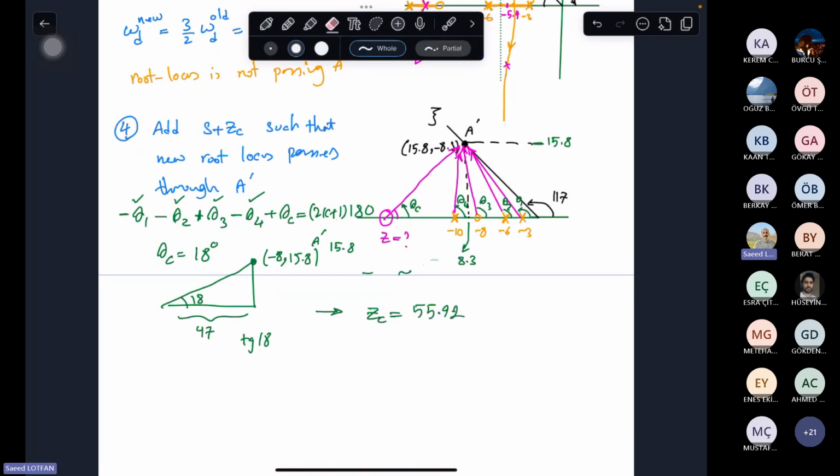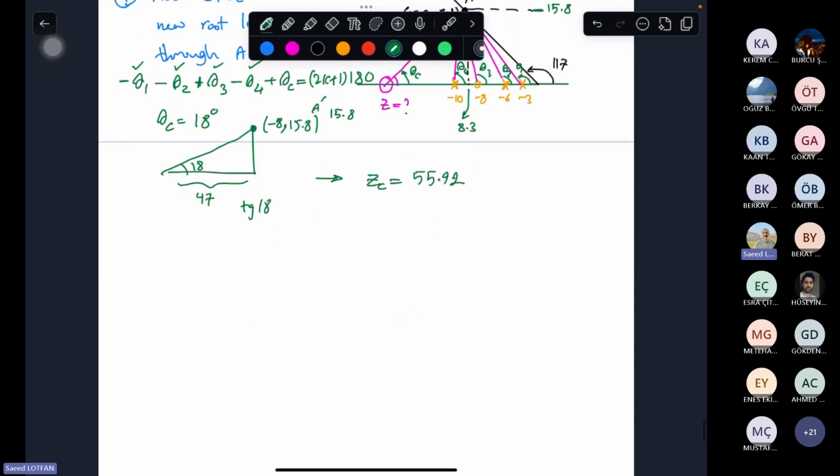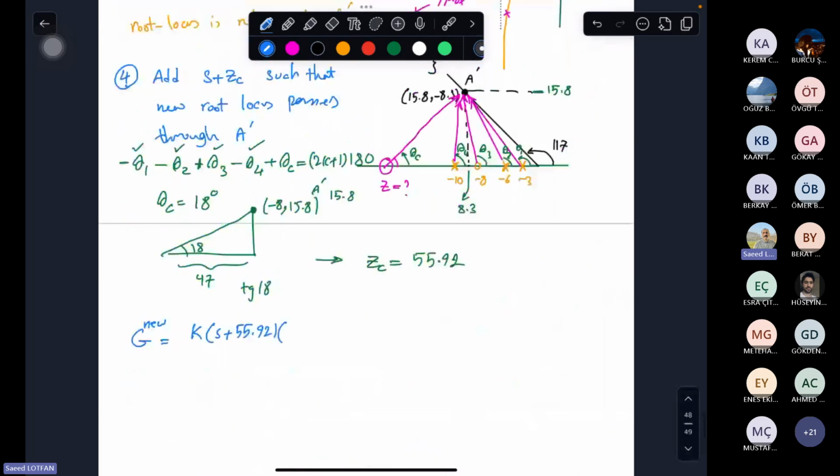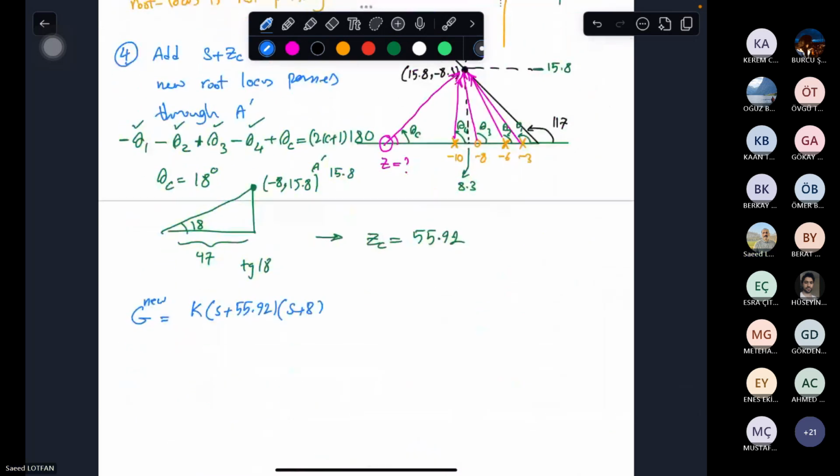Okay, this means that I should have a G new in the form of K times (S plus 55.92). What was the rest? S plus 8, S plus 3, S plus 6, S plus 10.